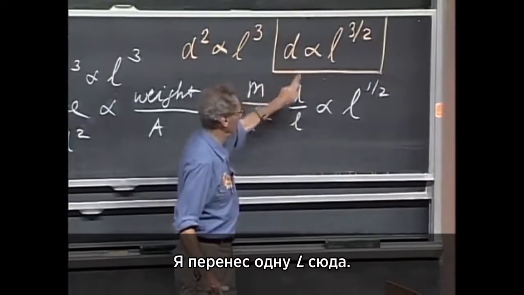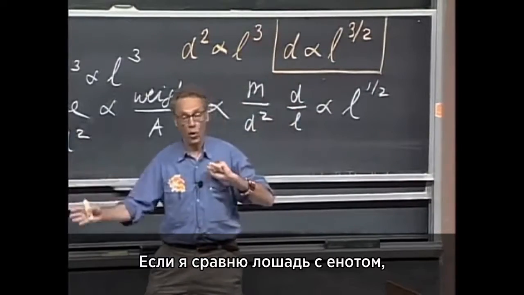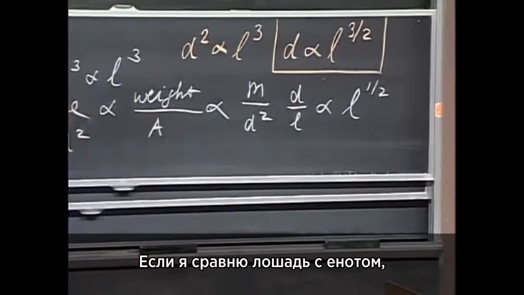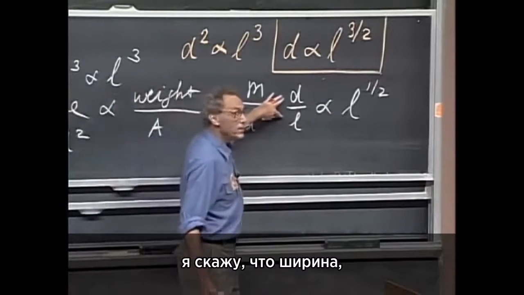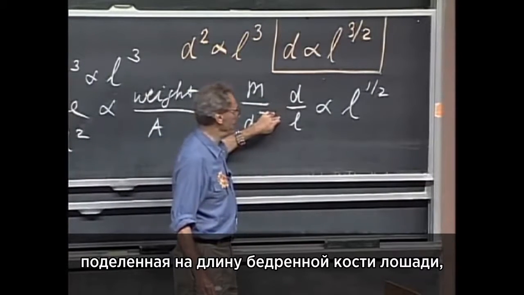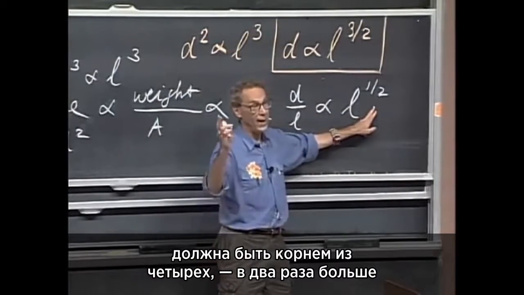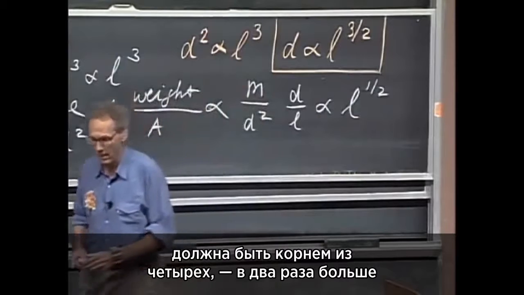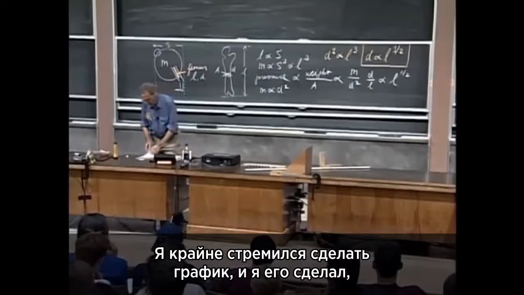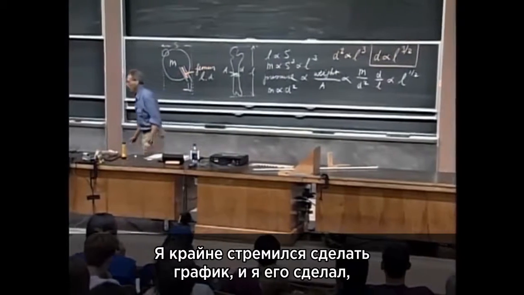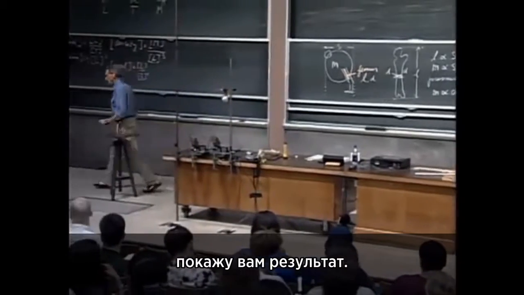I bring 1 L here. So if I compare the horse and the raccoon, I would argue that the thickness divided by the length of the femur for the horse must be the square root of 4, twice as much as that of the raccoon. And so I was very anxious to plot that, and I did that, and I show you the result.